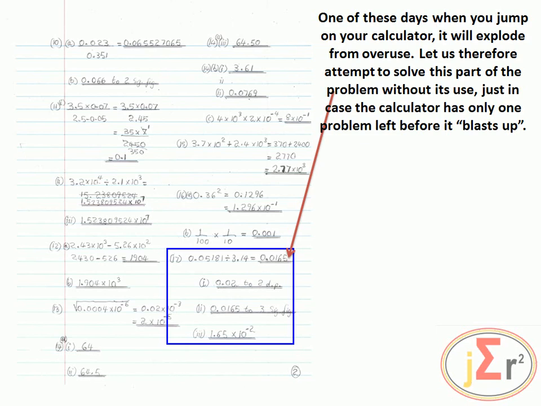Right, so we are taking precautionary measures to ensure that we do not use the calculator, because we have been battering the calculator, abusing it, misusing, overusing it. We expect it will blast up anytime now. So good that we do not have to use the calculator in this particular case.